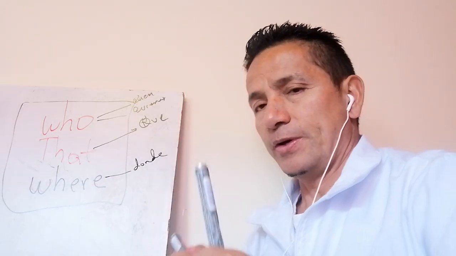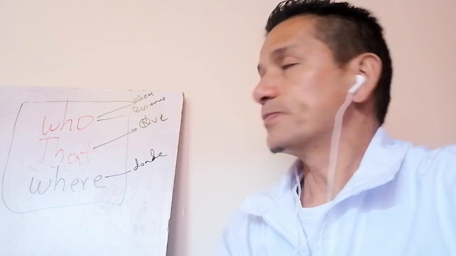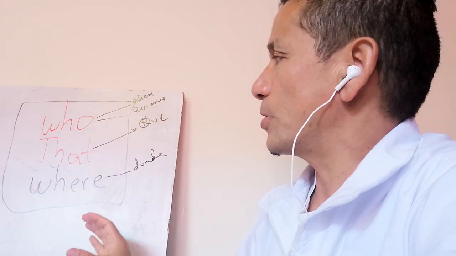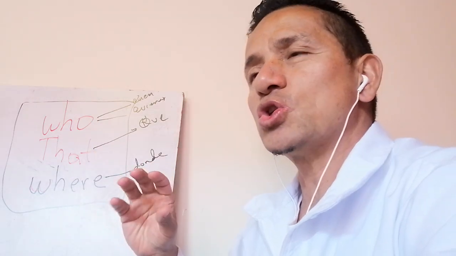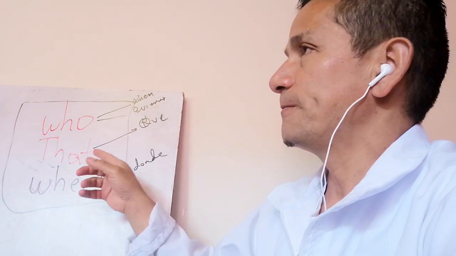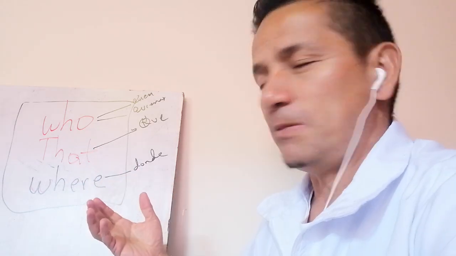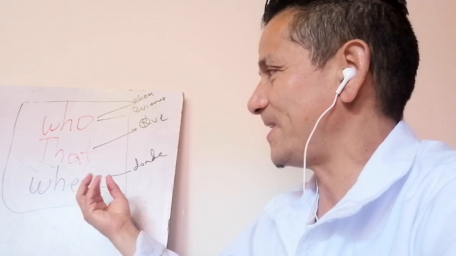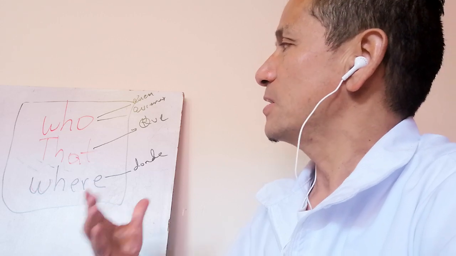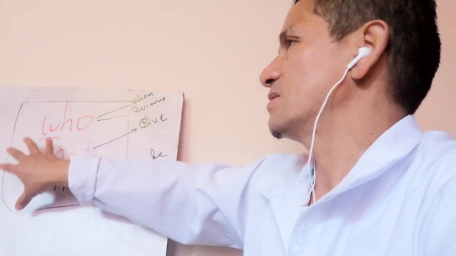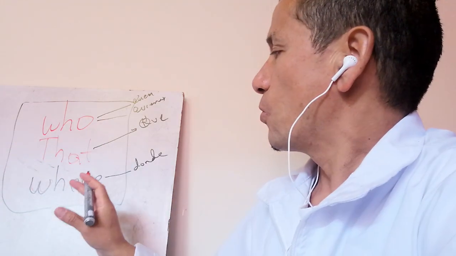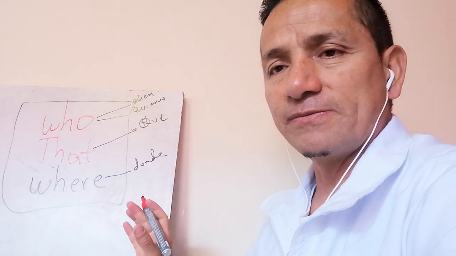Let me explain this. Who, that, and where: remember, we use these three words not only for questions. For example, this is a demonstrative, but in this case it's not demonstrative. In this case it's a connection, because we have relative pronouns in this relative clause. It means that these connect one phrase with another phrase.